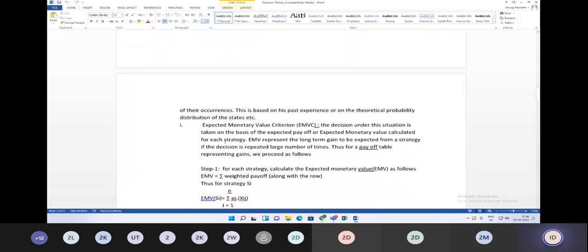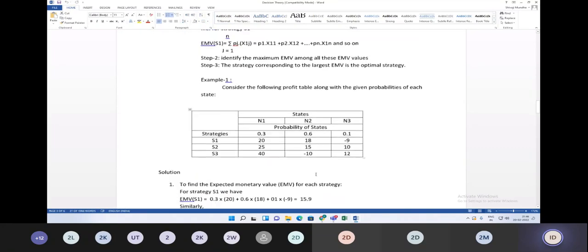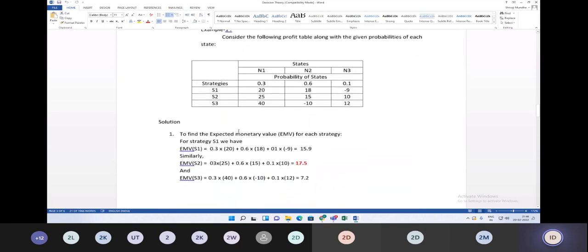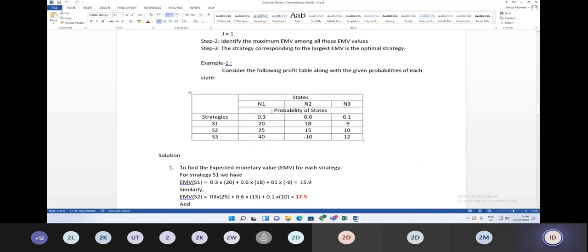Under decision making under risk, first of all we have to calculate the expected monetary value criteria. How did we calculate the expected monetary values? Here, to find the expected monetary value EMV for strategy S1, this is a given example.